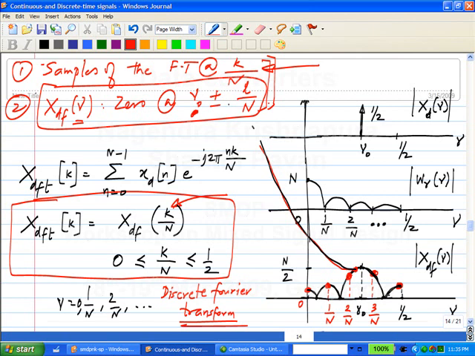Fundamental frequency of which one? What will be the value of nu naught for which I will get a reasonable answer? Just one example is fine. DC. Okay.